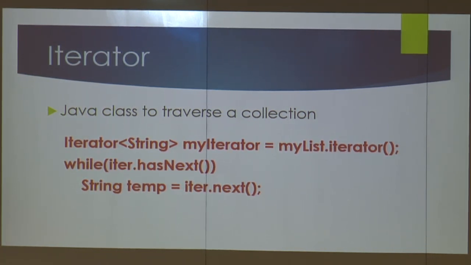And then a common method to call is .hasNext or .next, kind of similar to the Scanner class, so you can make sure that the iterator has a next element to look at and that it can then retrieve that next element.